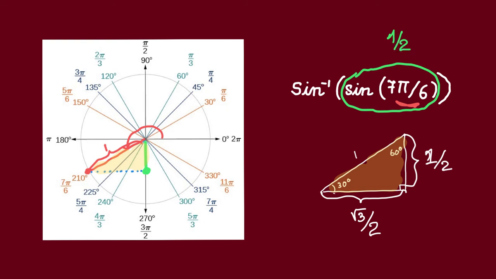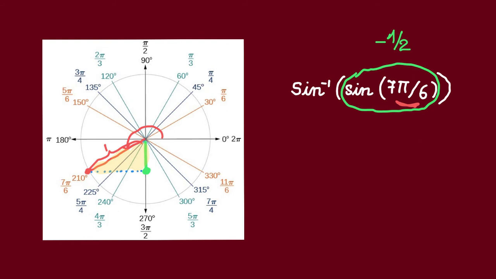Well, 1/2 is indeed the length of this side here, but recall that we define sine not as this length. We define it to be the y-coordinate. Since this point here is below the x-axis, this y-coordinate is actually minus 1/2. And so you would say that sine of 7 pi over 6 is minus 1/2.